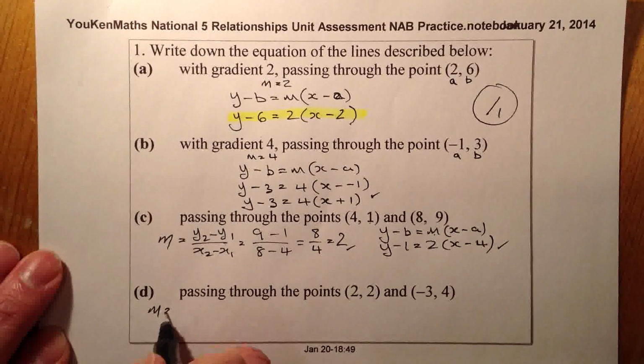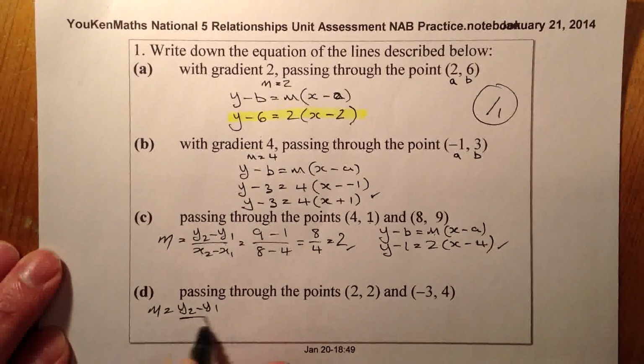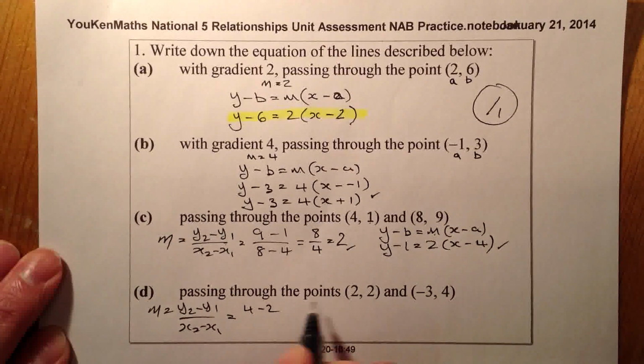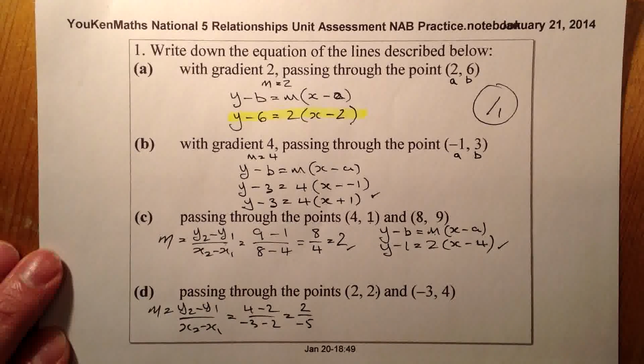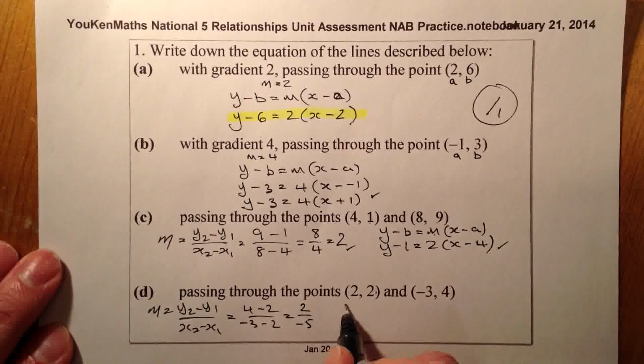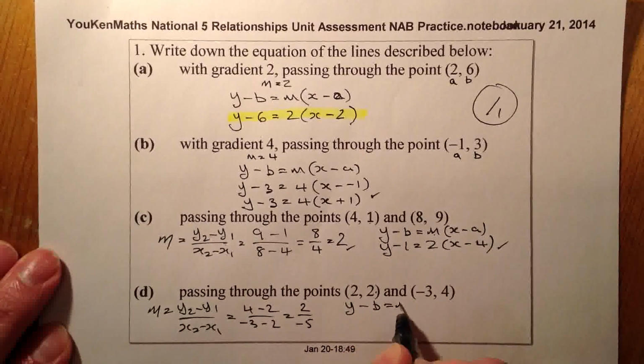Gradient, remember, y2 minus y1 all over x2 minus x1. Go for 4 minus 2 and minus 3 minus 2. That gives me a 2 on the top, and on the bottom there I've got minus 5. So that's minus 2/5 is my gradient. I'll substitute that into y minus b equals m, x minus a.